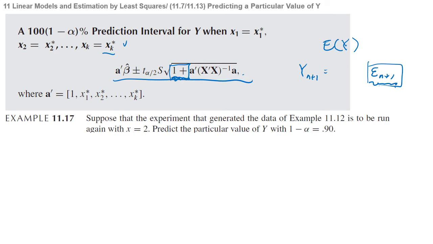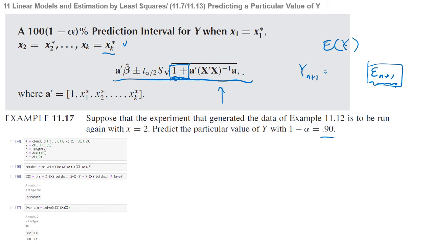And with this formula, let's calculate the same example, example 11.17. Suppose that the experiment that generated the data of example 11.12 is to be run again with x equals 2. Predict the particular value of y with 1 minus alpha equals 0.9. Previously, for the same data set, let's calculate with matrix terms.